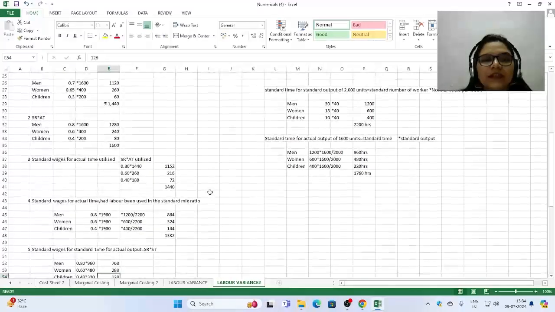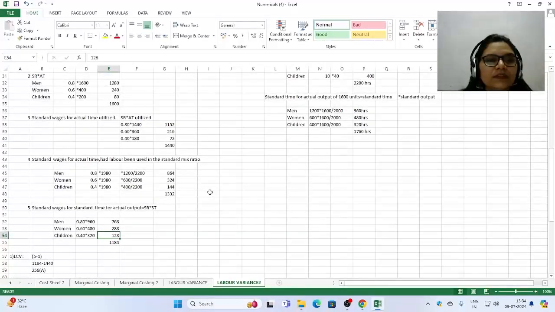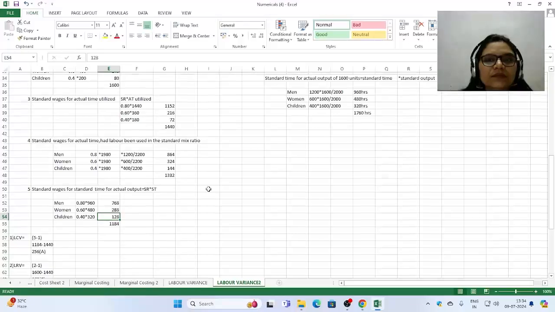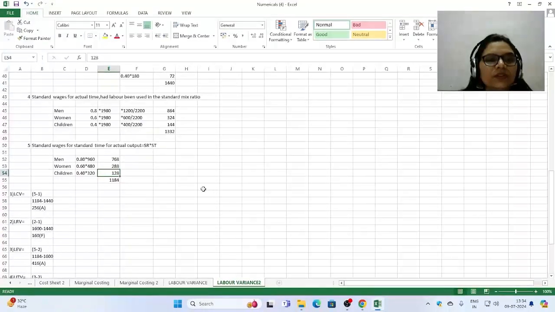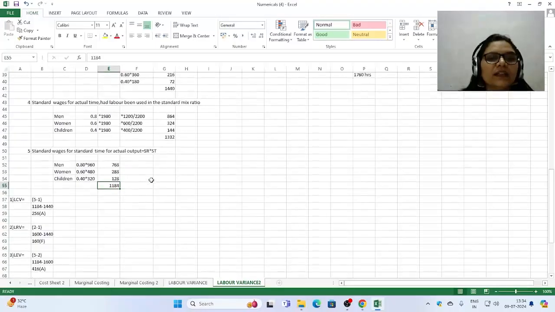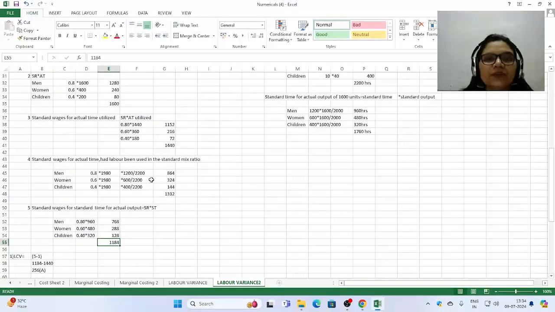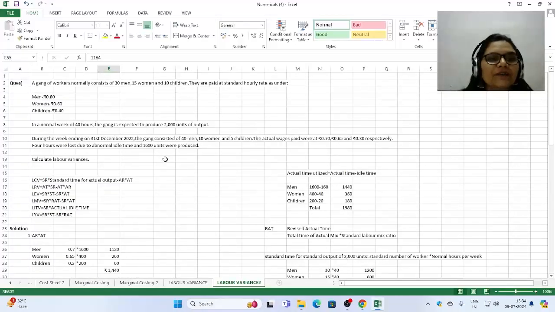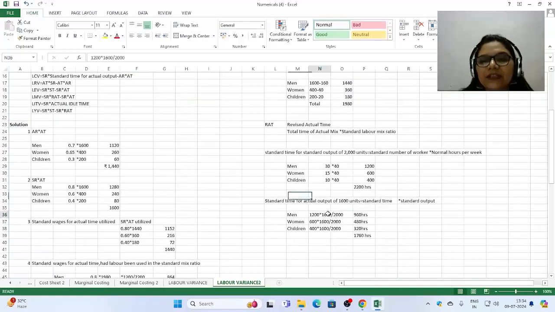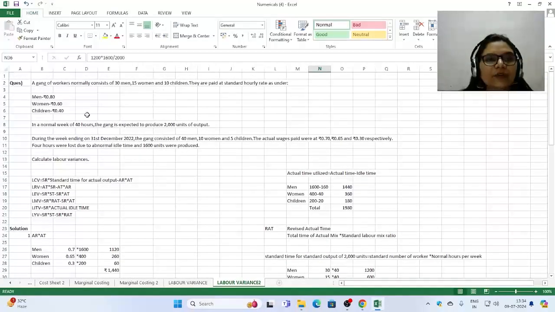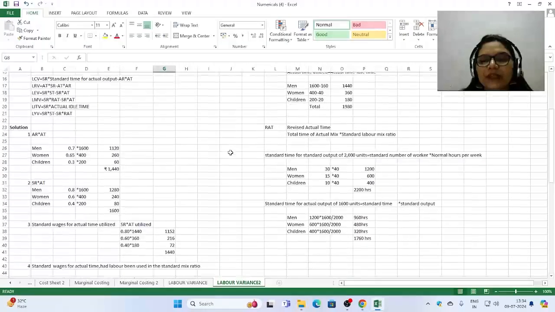Let us clarify one thing. Okay, we are done with all the calculations. 1600, I have already told you, this is standard time we have actually calculated for actual output. Actual output we were having 1600 units, this value is from here and the 2000 value is from here.